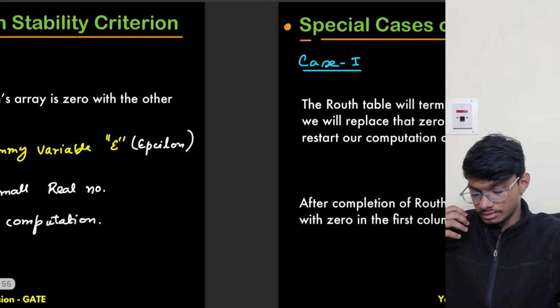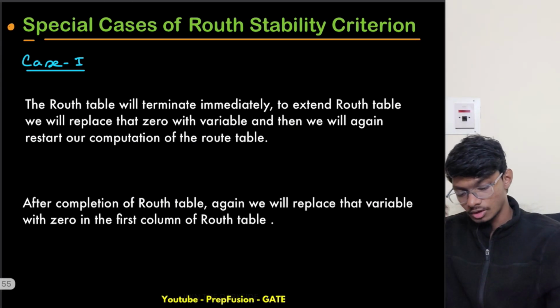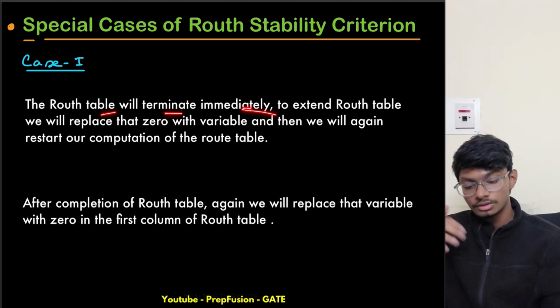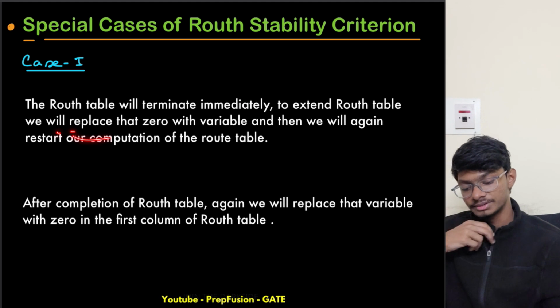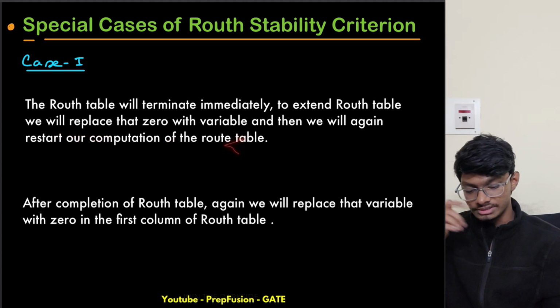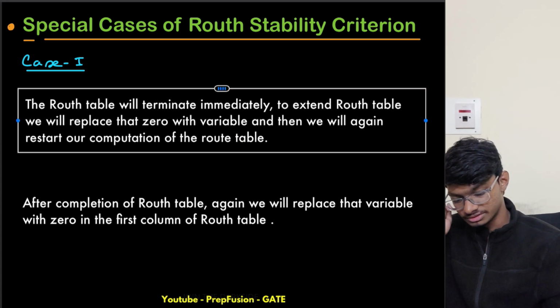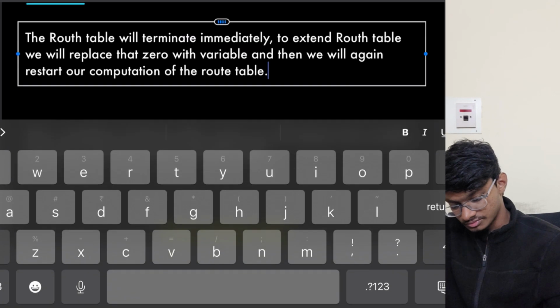Here is the reasoning written: the Routh table will terminate immediately. To extend the Routh table, we replace that 0 with the variable epsilon, and then we restart our computation of the Routh table.